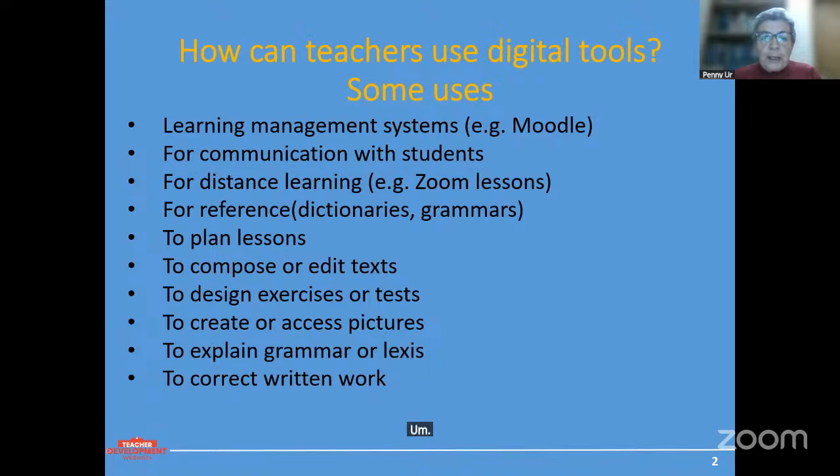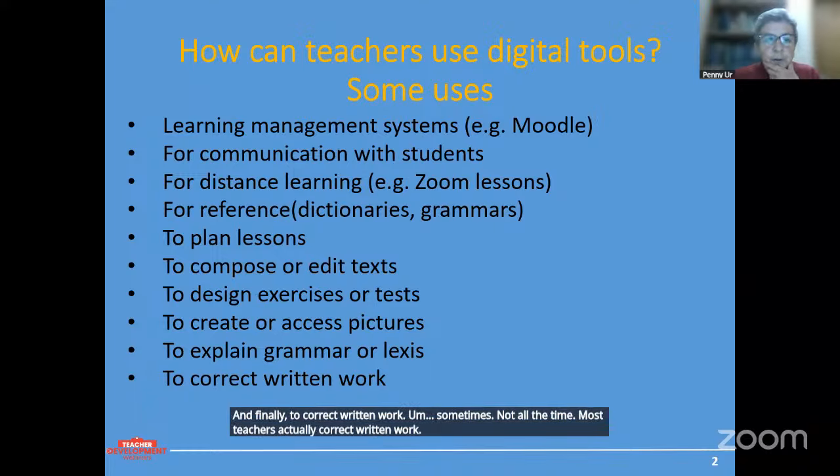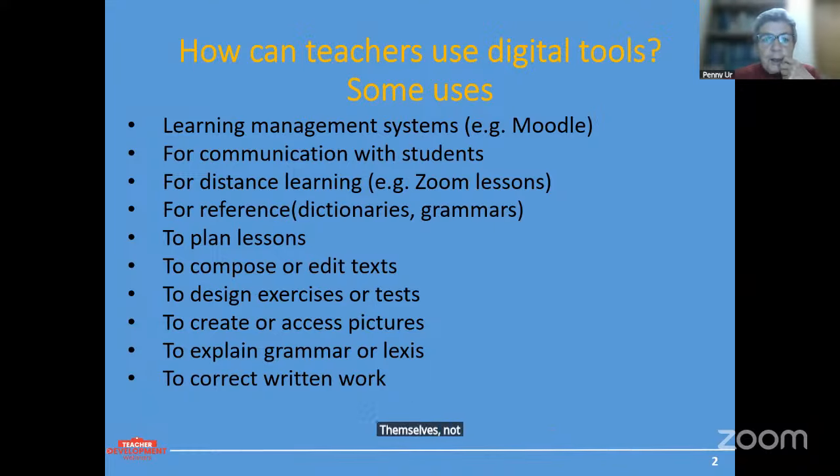To explain grammar or vocabulary, quite a lot, most people. And finally, to correct written work, sometimes, not all the time. Most teachers actually correct written work themselves, not using AI, but there's a group who say that they use it sometimes.